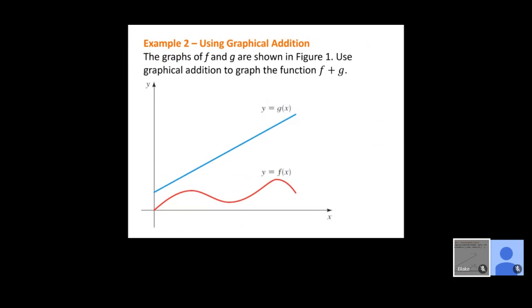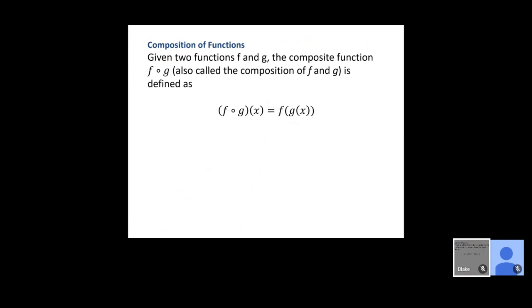All right. We're going to skip example 2. Right, composition of functions now. Okay, so if we're given two functions, f and g, the composite function, which we read as f of g, is defined as follows. So again, this is read f of g of x. We're basically taking whatever the g of x function is.